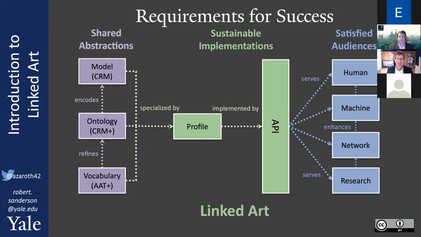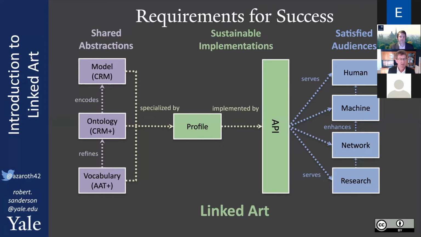So I think there's three sections of requirements for success, really in any standard, but especially for linked art, which are shared abstractions, sustainable implementations, leading to satisfied audiences. And I gave a keynote at CNI earlier this year, where I talked through all of these things, which you're welcome to look at. But very briefly, for the shared abstractions, we use CRM as our underlying conceptual model, and the CRM ontology plus extensions and linked art extensions for the ontology.